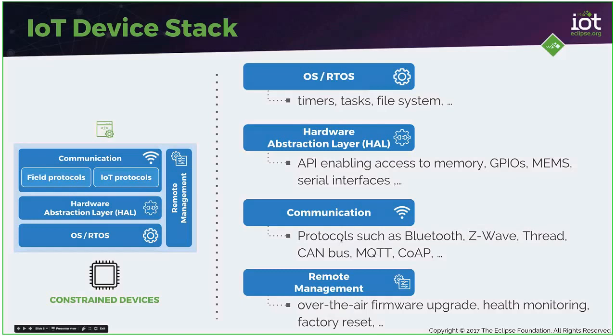Last but not least, when it comes to a constrained device, is the remote management capability, and that's probably pretty unique to IoT use cases. We've been using microcontrollers pretty much since computers were invented, right?